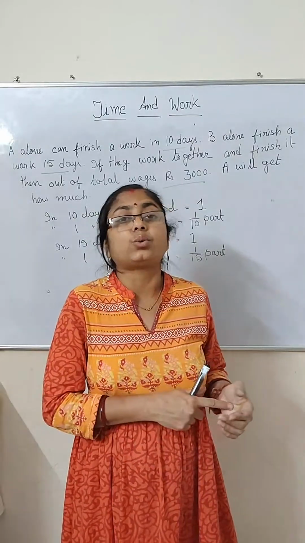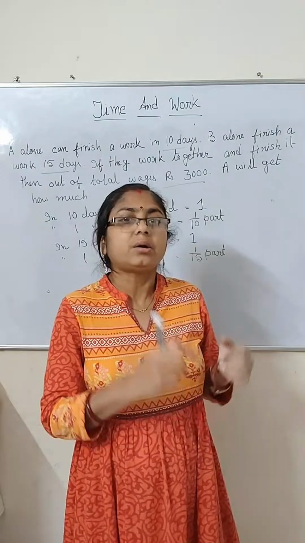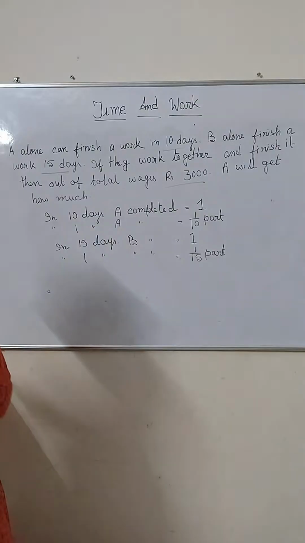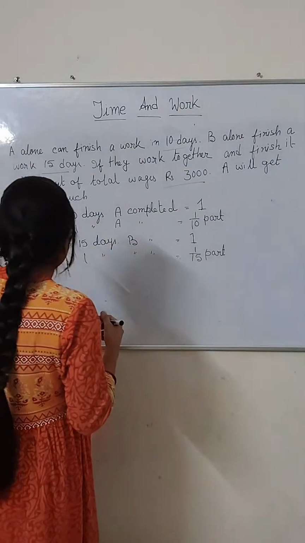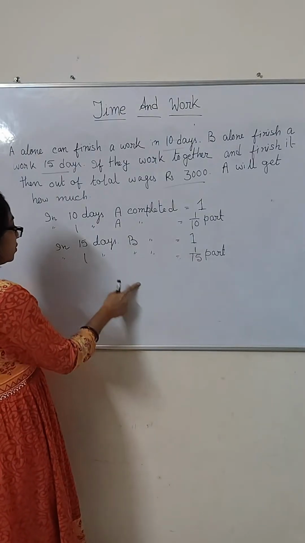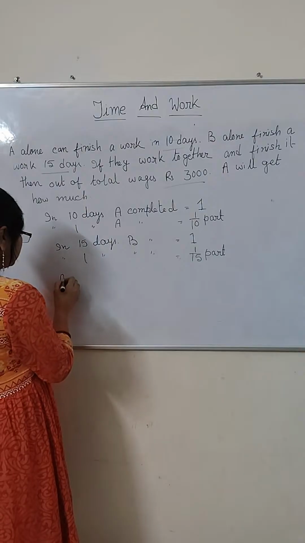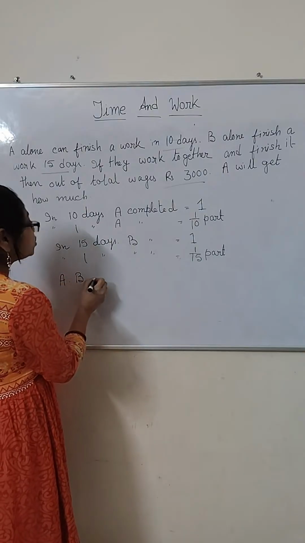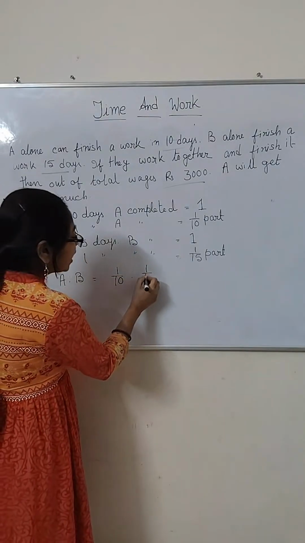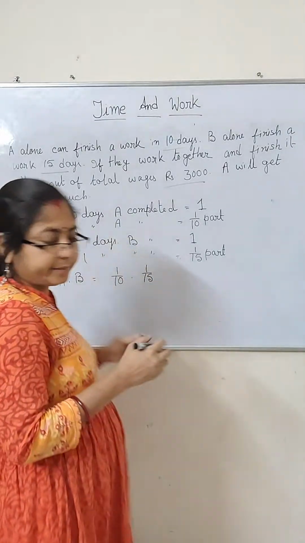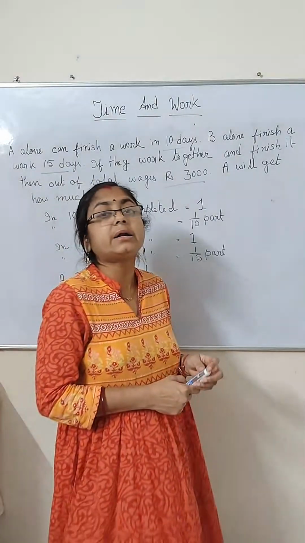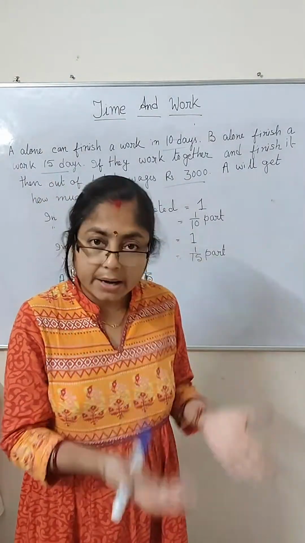So in that case, we also first find out the working ratio. A is to B, A का क्या है? 1/10 is to 1/15. Okay? How can you do? Because without ratio we can't find out the proper amount.